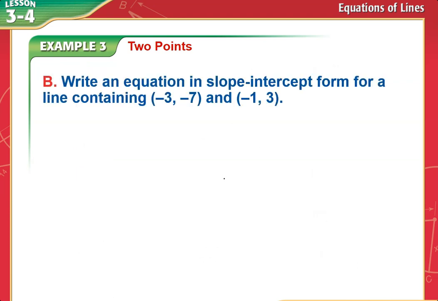Okay, here we're going to write an equation in slope-intercept form. So that's y equals mx plus b is our final form. And we're going to have 3 minus -7, or 3 plus 7 on top, and then -1 plus 3 on the bottom. Looks like I'm going to have 10 on top and 2 on the bottom, or a slope of 5.